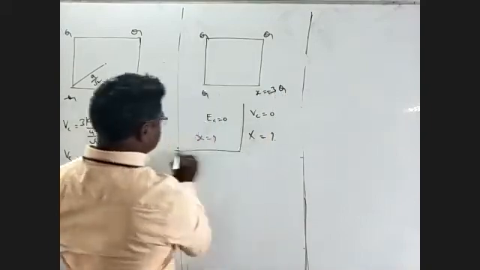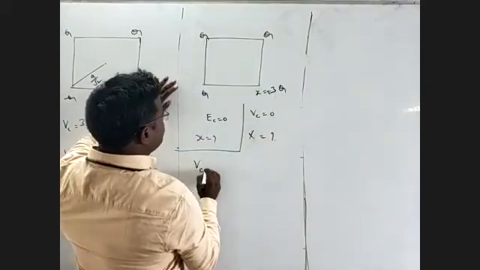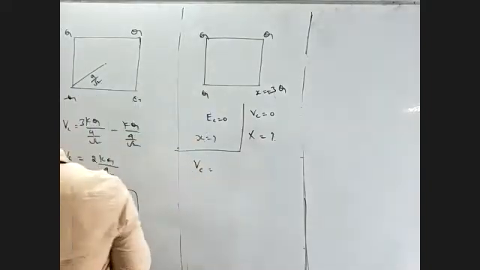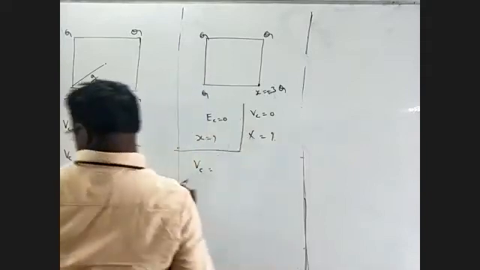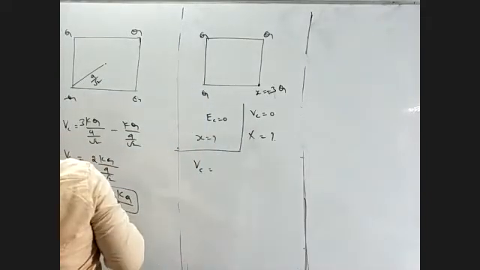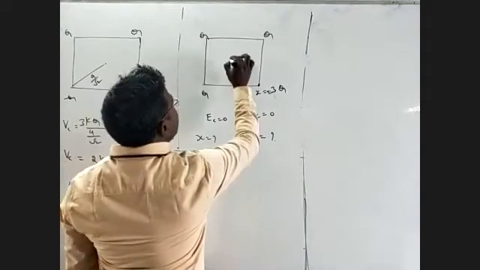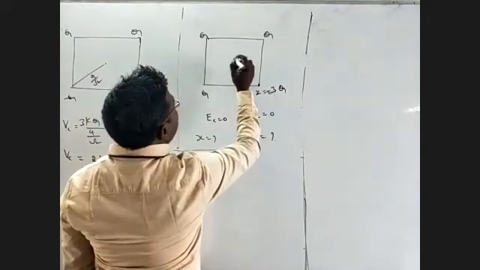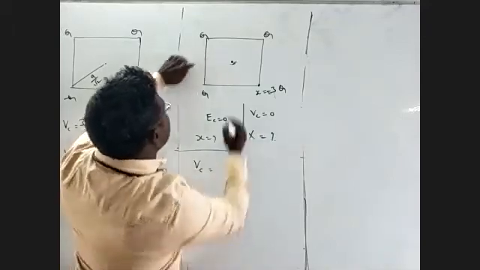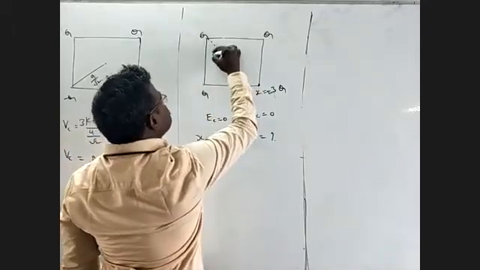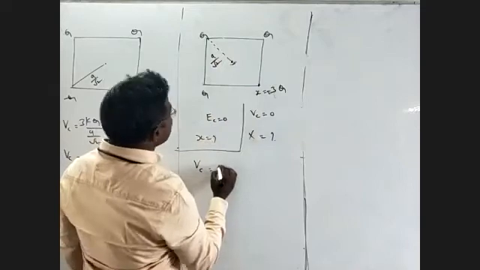So where do we have to find the electric potential? At the center point. VC is equal to, from here to here the distance is A by root 2.